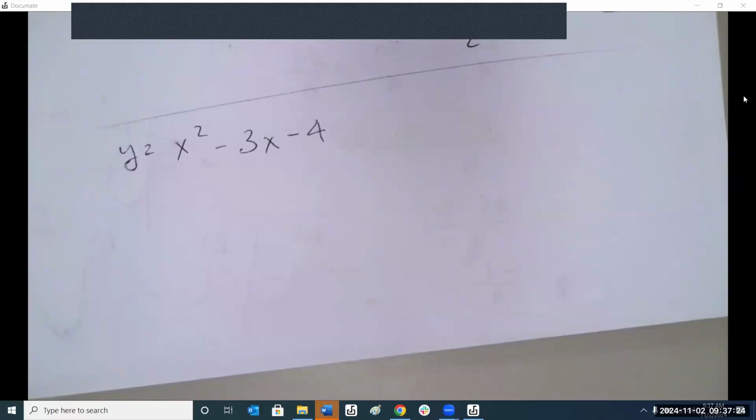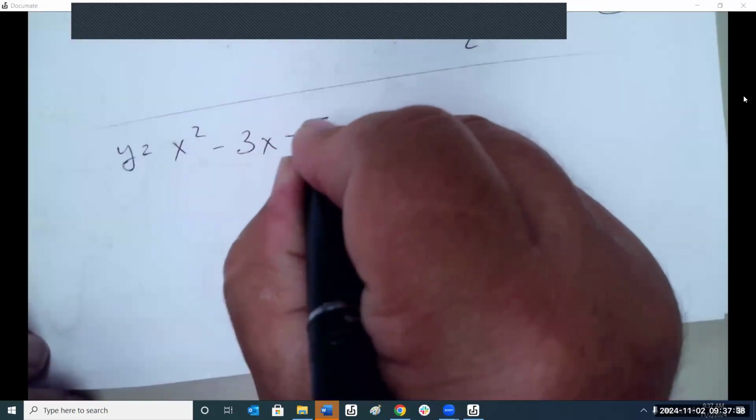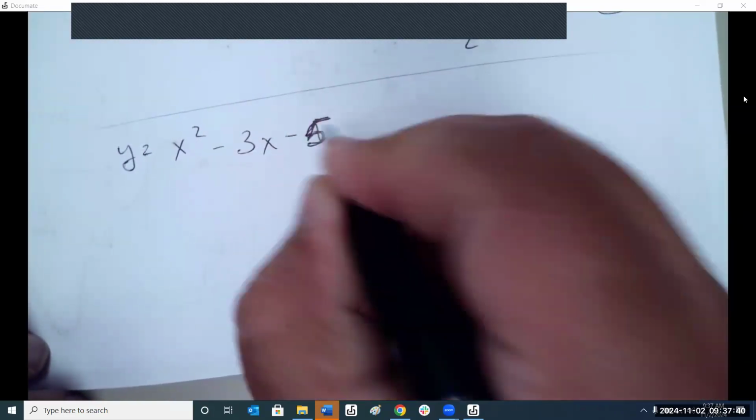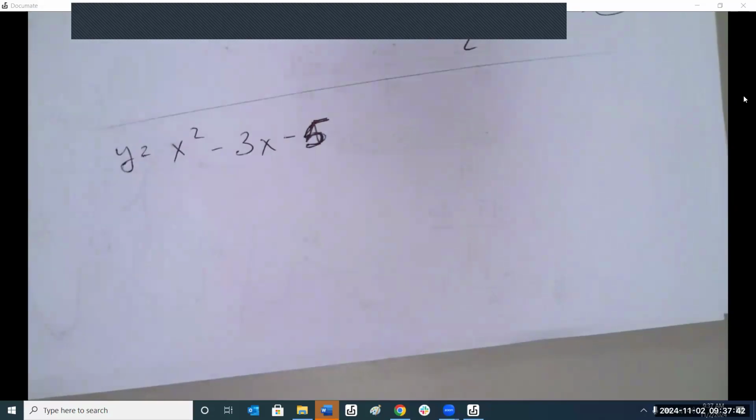Can you factor that one? Well, you can. Yeah, you could. 4 times 1 is 4. 4 minus 1 is 3. So that was a bad example. How about this one?